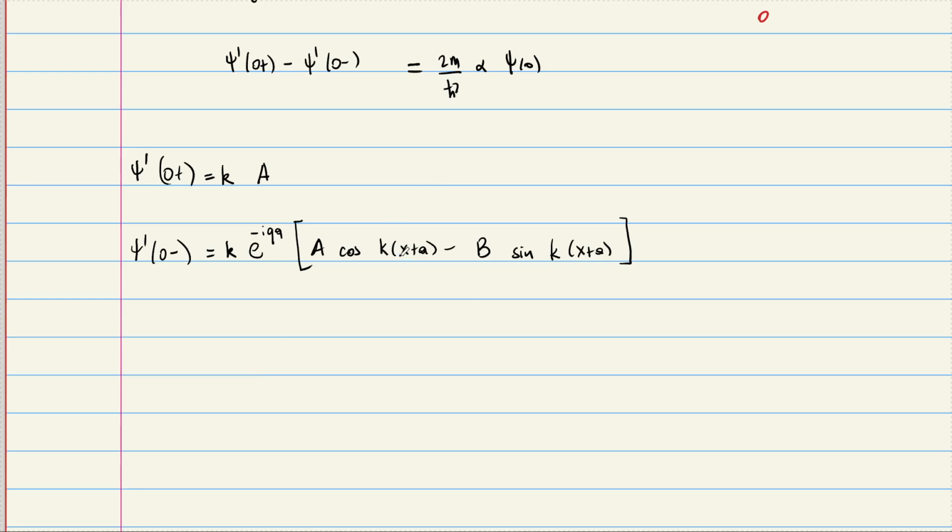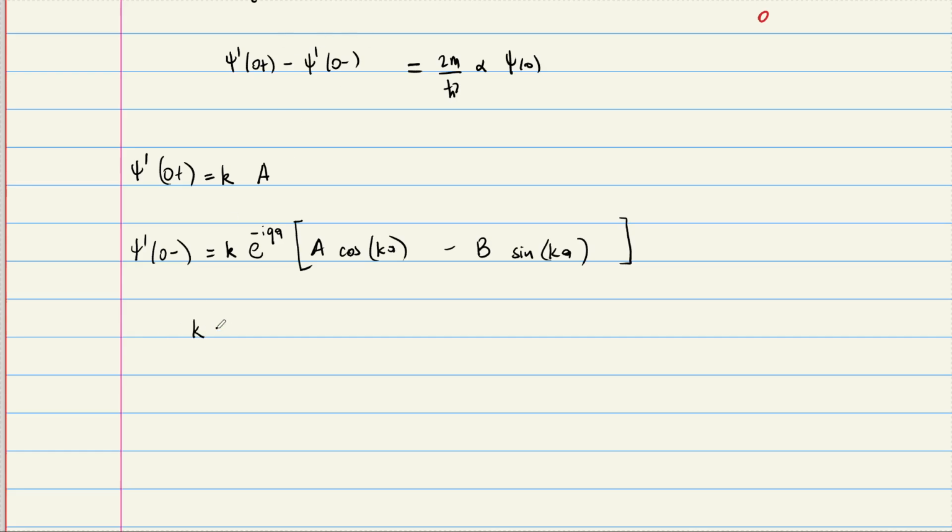Whereas here I am going to have x equal to 0, cosine ka, and here I have sine ka. Good. And now I take the difference and use this equation.